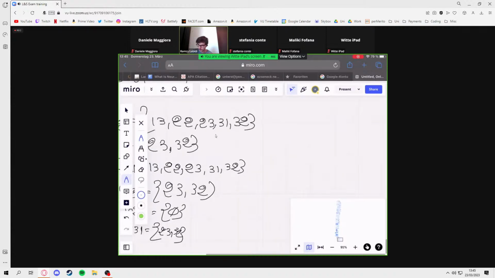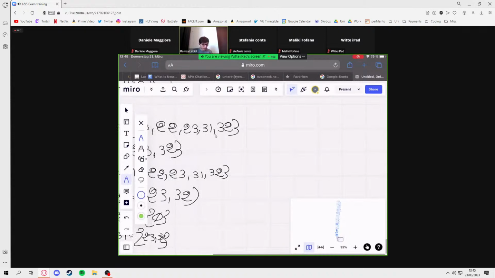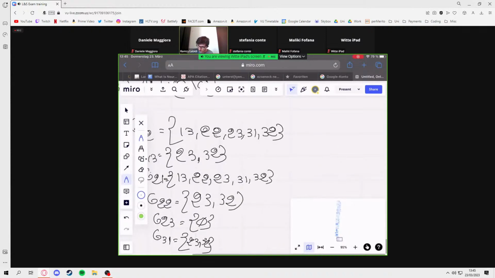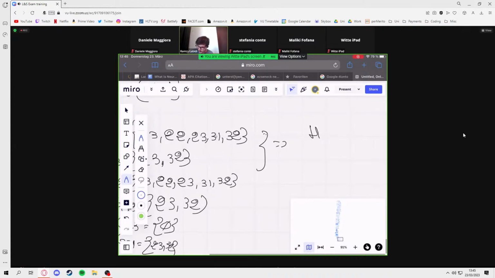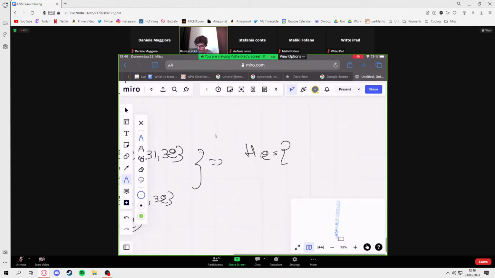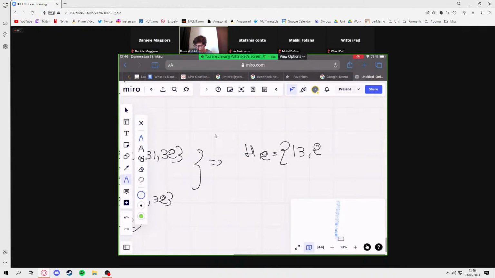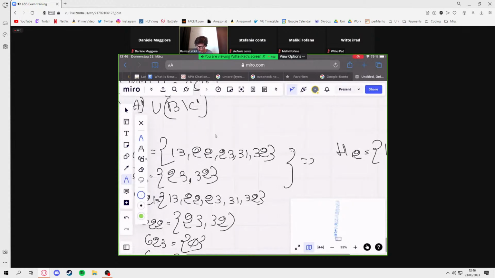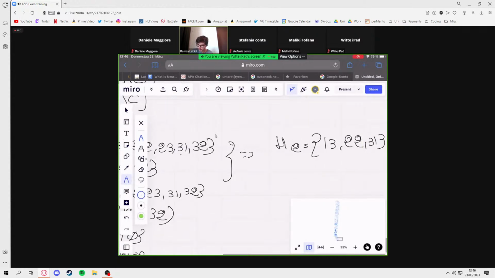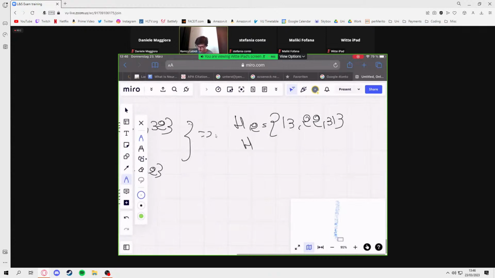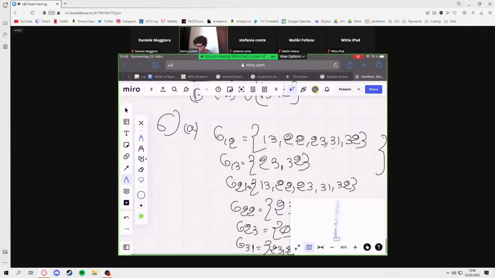All right, and from here, we can use our graphs to create a Hasse diagram. We'll start with 12, basically 13, 2, 1, 13. We don't do anything. This one.